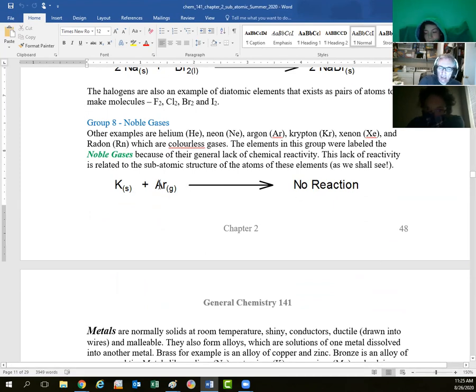Krypton does do a couple of reactions, and so does, I think, argon. It's usually incredibly difficult, normally taking high temperature and high pressure to encourage that reaction. Certainly nothing particularly interesting happens with the noble gases. So they're unreactive. We sometimes describe them as being inert gases.